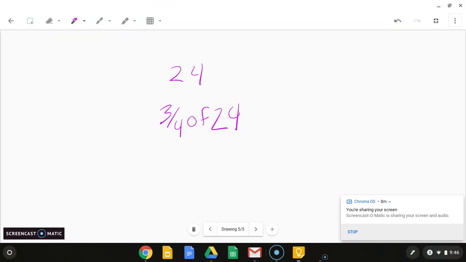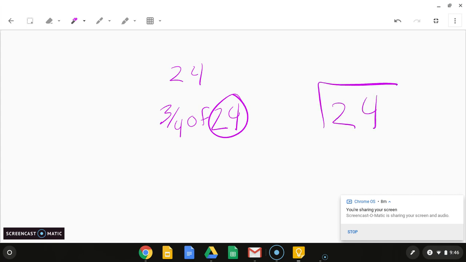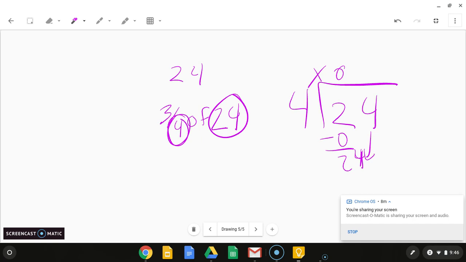Before today, we have indeed. Okay, so we're going to take our total number, 24, and divide it by our denominator of 4. Again, we might need to sing our multiplication songs if that's helpful, or you can do it this way. 4 cannot go into 2. 4 can go into 24 6 times. 6 times 4 is 24.